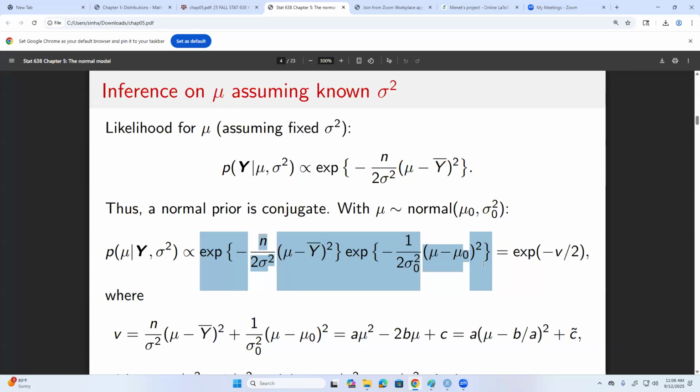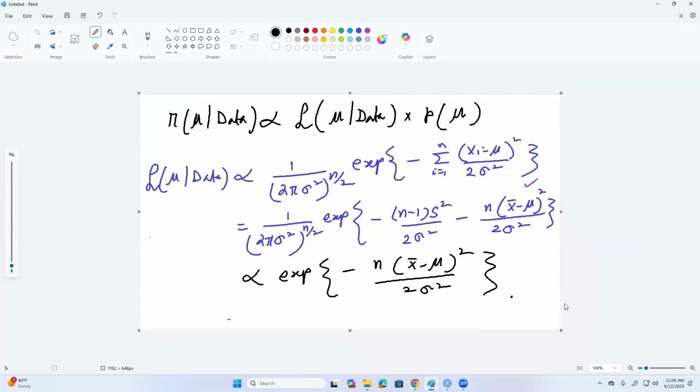Exactly. Why? Because you can express this as a negative of a quadratic form in mu, and that is the kernel for a normal density function. So a little bit of general idea, which will help you in a lot of calculations.